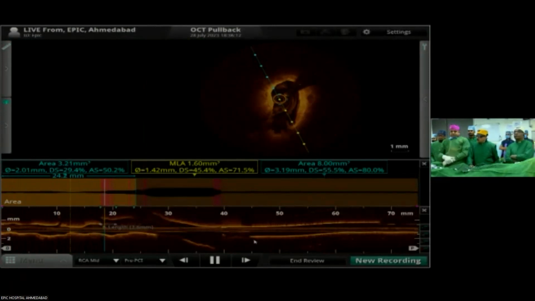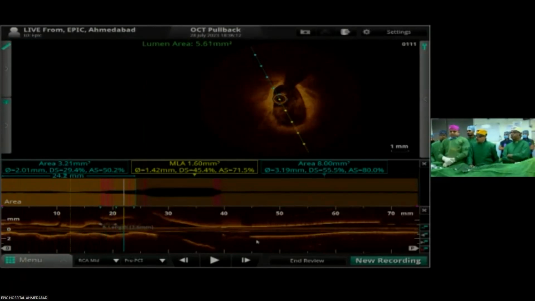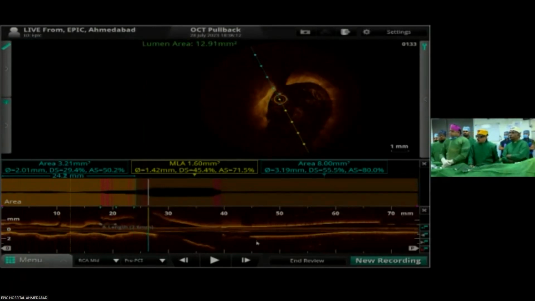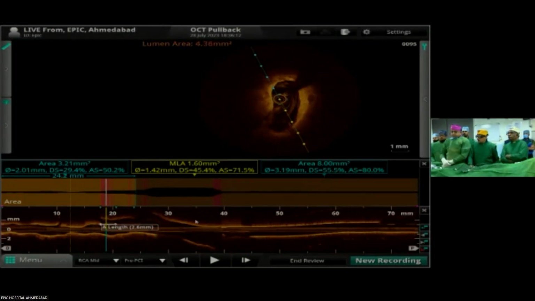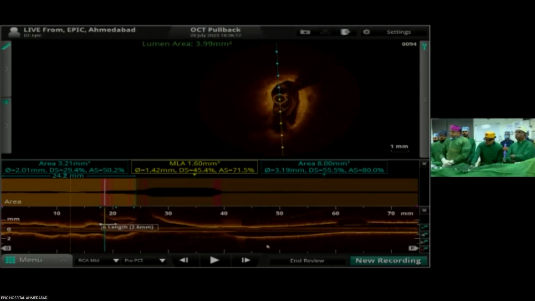The ostium of the LAD was diseased, but the distal left main is disease free, and the diagonal origin angle is around 60, so we could anticipate that it will not close during the intervention. So here's an OCT run.